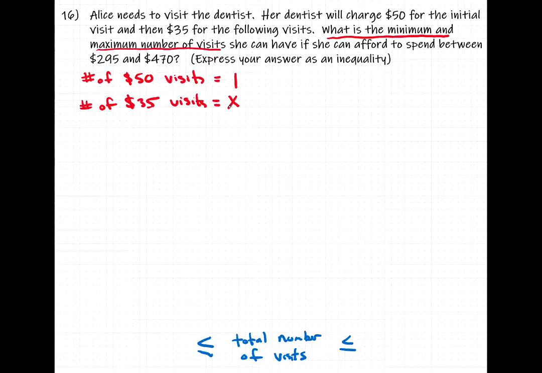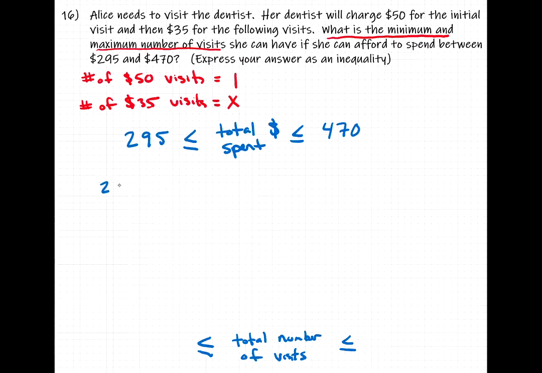Okay, so let's set up our inequality. And according to the problem, the total amount of money spent has to be between $295 and $470. All right, so there's our initial inequality, but let's take that total amount of money spent and express that using algebra.